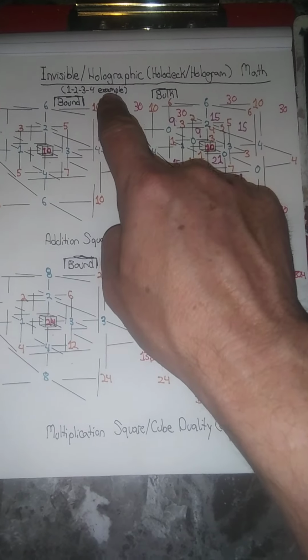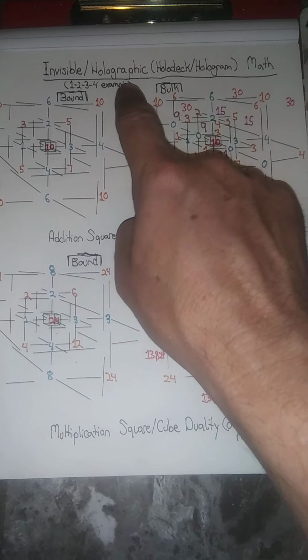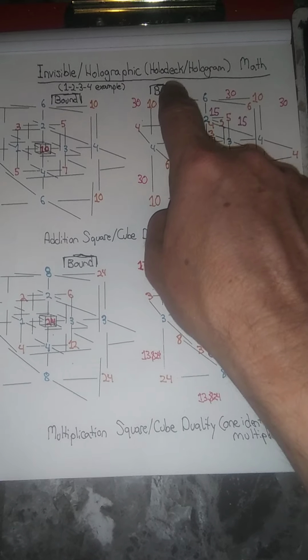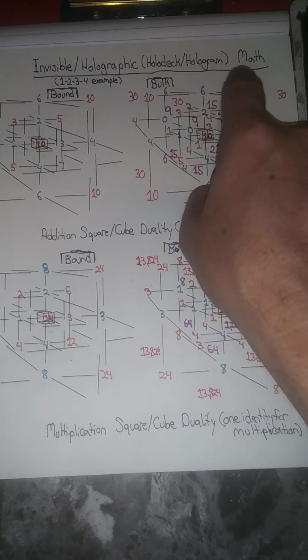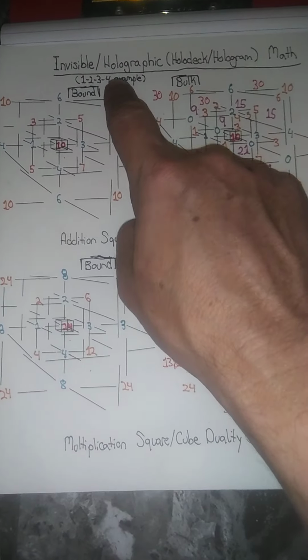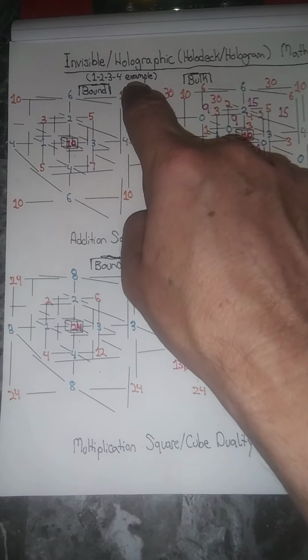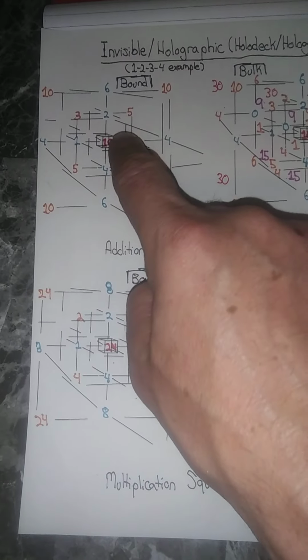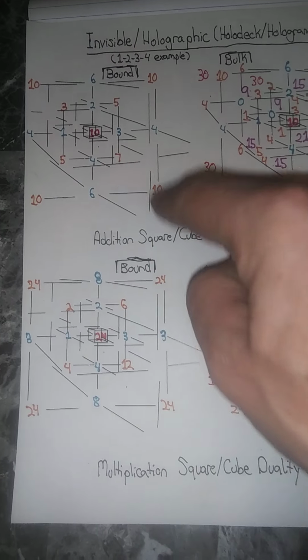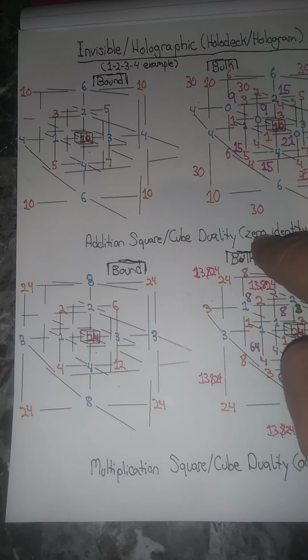This is my idea of an invisible holographic holodeck hologram math, using 1, 2, 3, 4 as an example. This is what I would call the bound in the addition square cube duality.